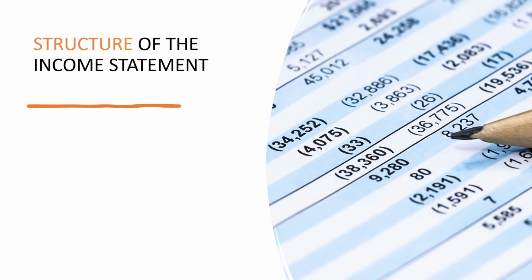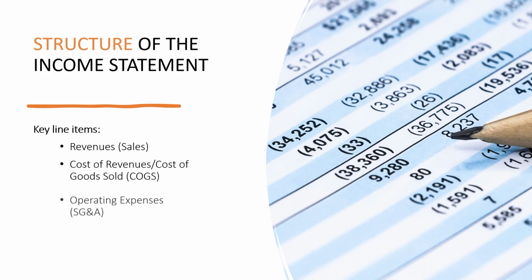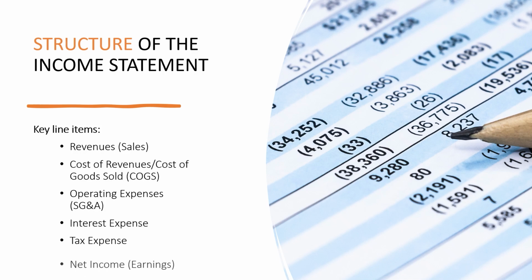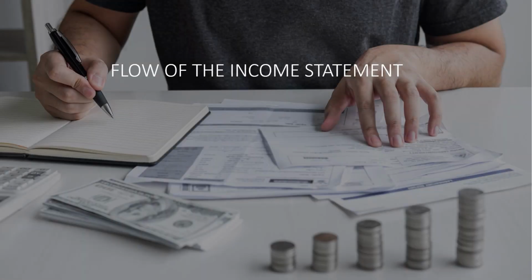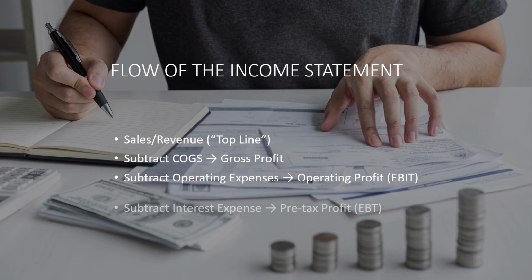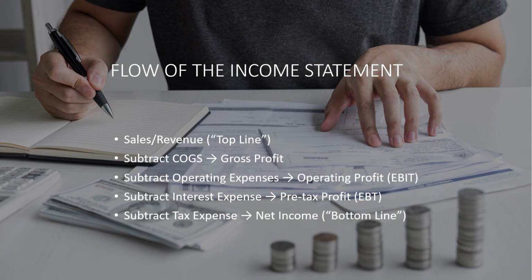Let's look at the structure of the income statement. There are essentially 6 line items on the income statement: revenues, cost of revenues, overhead operating expenses, interest expense, tax expense, and net income. Revenues are reported first on the top line and represent the income earned from sales of services or products. Below revenues, we subtract expenses beginning with the direct cost to earn those revenues, which is referred to as the cost of goods sold or cost of revenues.